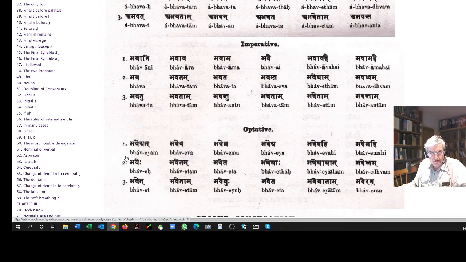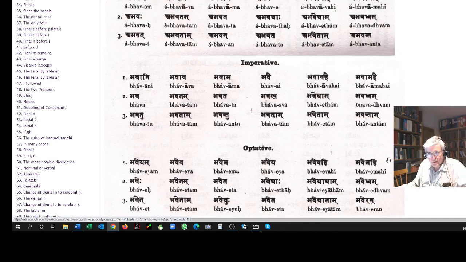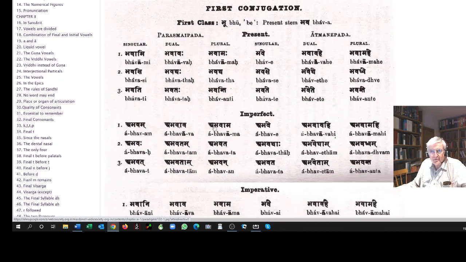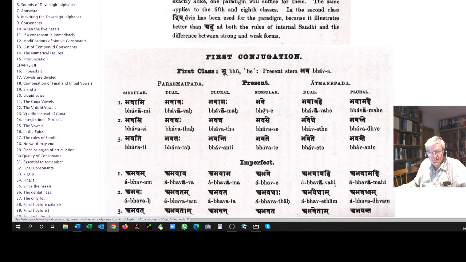That is the first, second, and third, singular, dual, and plural. And in the Parasmaipada, the same, first, second, and third, singular, dual, and plural, so 18. So actually there's 72 forms here. If you count 9 plus 9, 18 times 4 is 72.